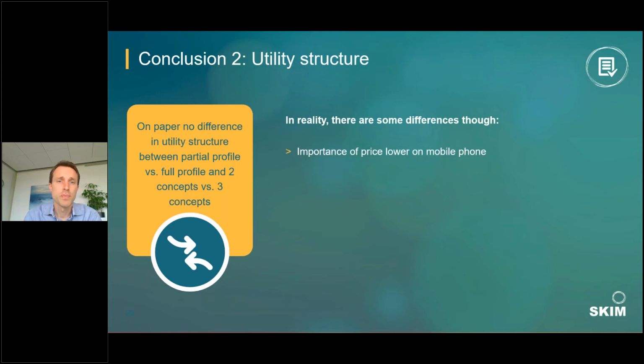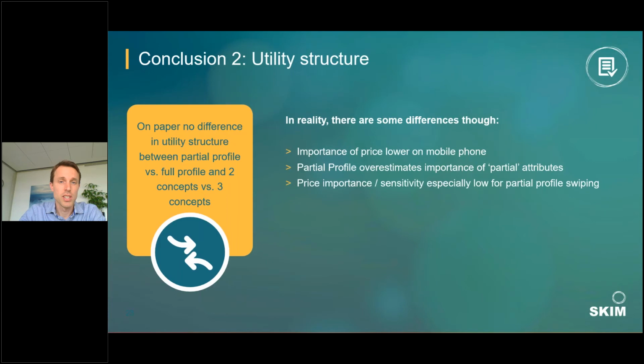So first of all, the importance of price is just lower on the mobile phone. And that might have to do with the sample. But partial profile actually overestimates the importance of the partial attributes. So we didn't only see that price was less important, but also the attributes that were hidden were also less important than average.